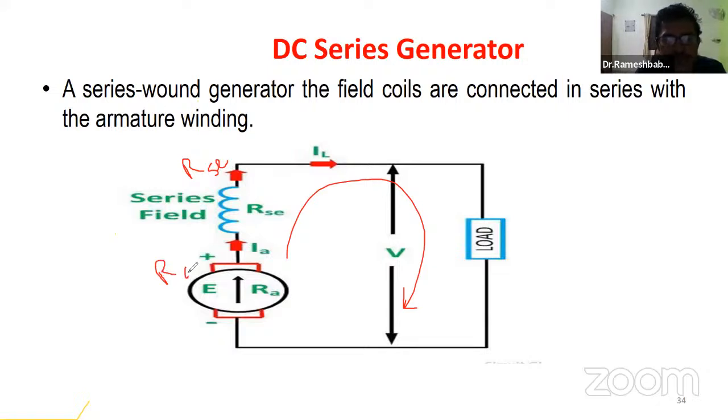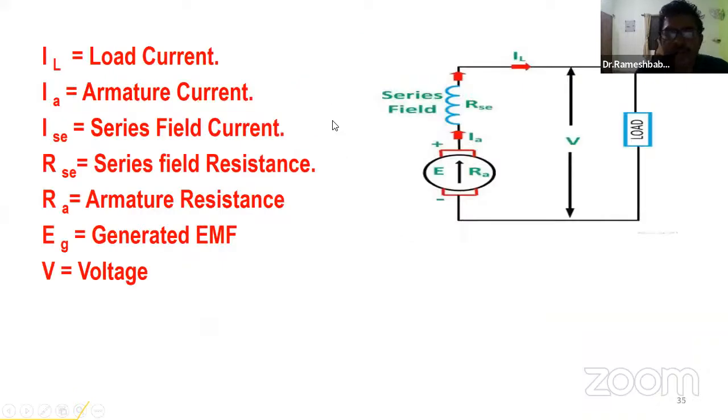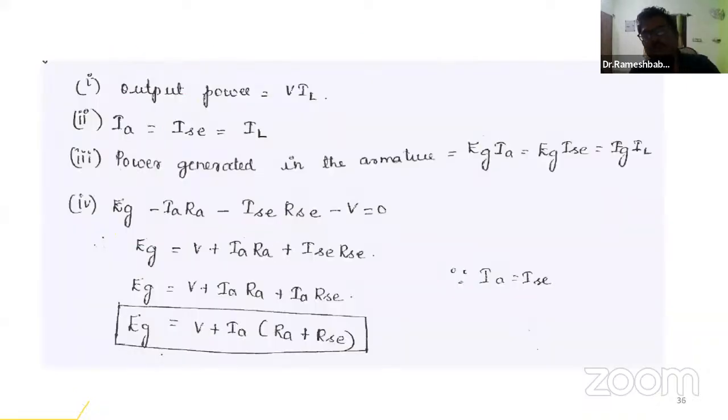So you need to write V plus IA into RA plus RSC is equal to EG. That is what is written here, right?